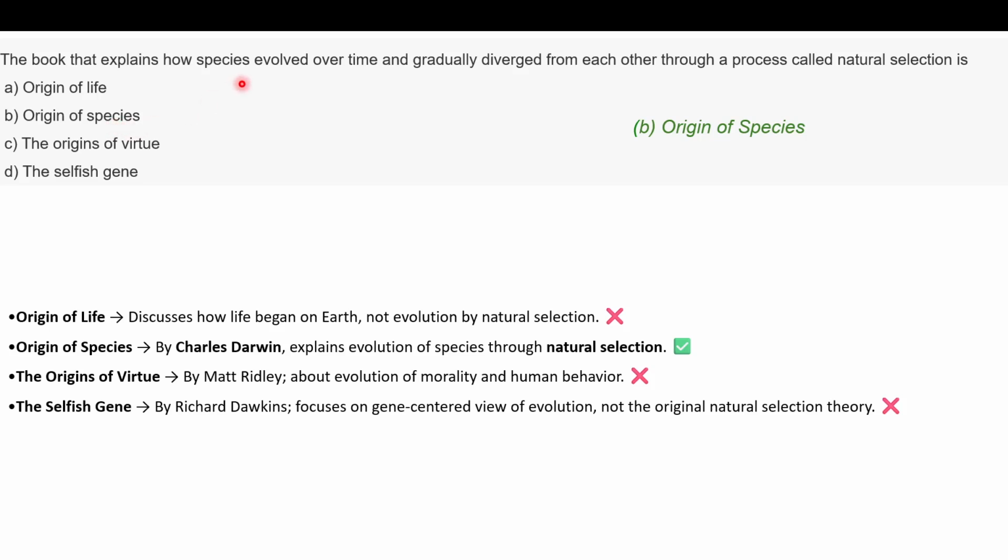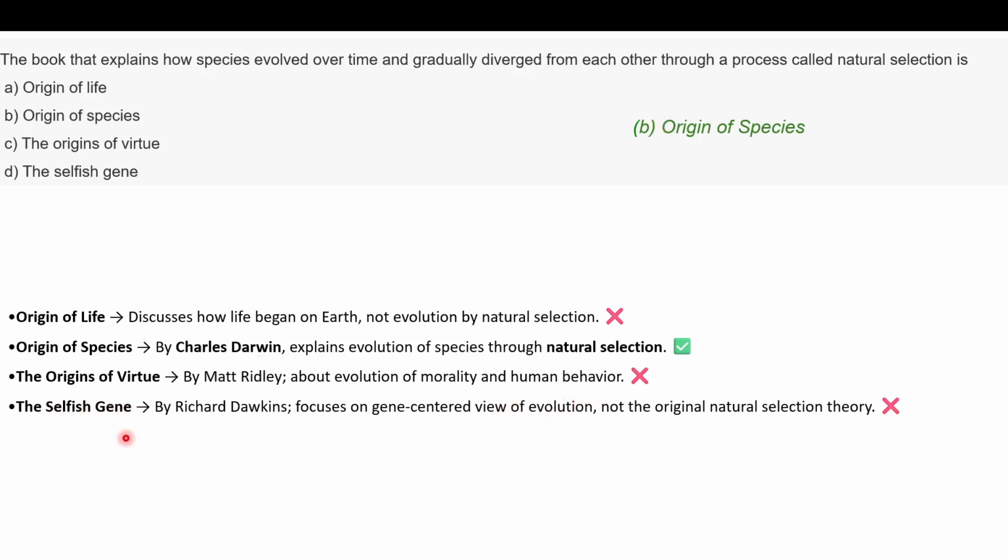Origin of Species, which the question asks for, was written by Charles Darwin, which explains evolution of species through natural selection. The Origins of Virtue is a book written by Matt Ridley, which is about evolution of morality and human behavior, not really the evolution of species through natural selection.